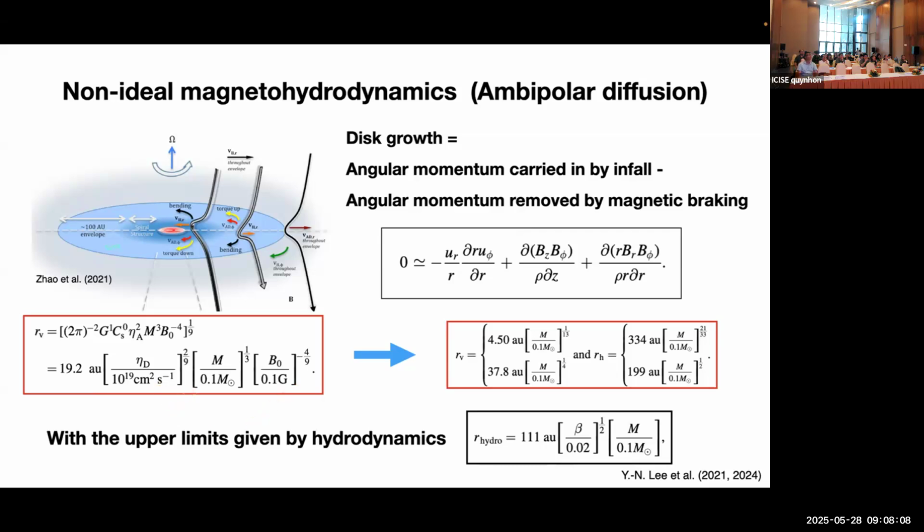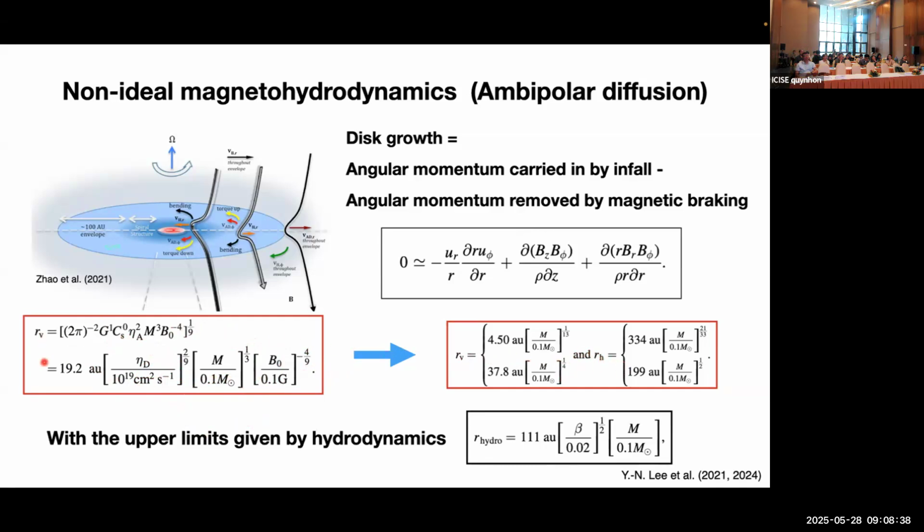And actually, as I mentioned before, the diffusivity is a function of B field strength, density, and ionization. So these three parameters, eta, M, and B, are actually related. If we assume a certain chemical network, which determines the ionization fraction as a function of density, these three parameters can be further simplified to depend only on the mass.